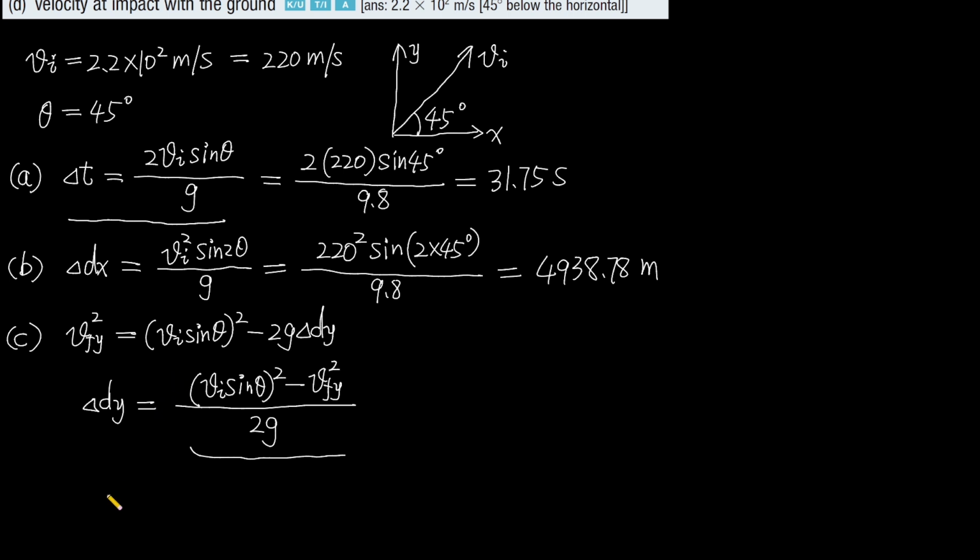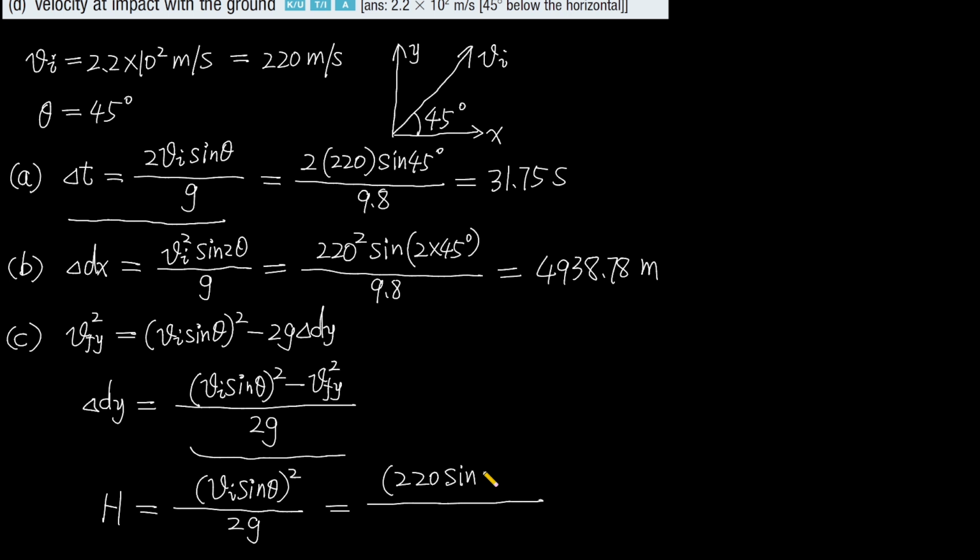So we can get that its maximum height just equals the initial velocity multiplied by sine theta, squared, divided by 2 multiplied by acceleration g. And this equals 220 multiplied by sine 45 degrees, squared, divided by 2 multiplied by 9.8. And this equals 1234.69 meters. So its maximum height is just this value.